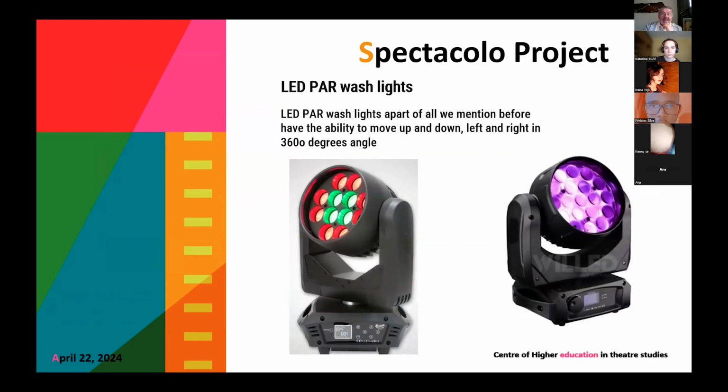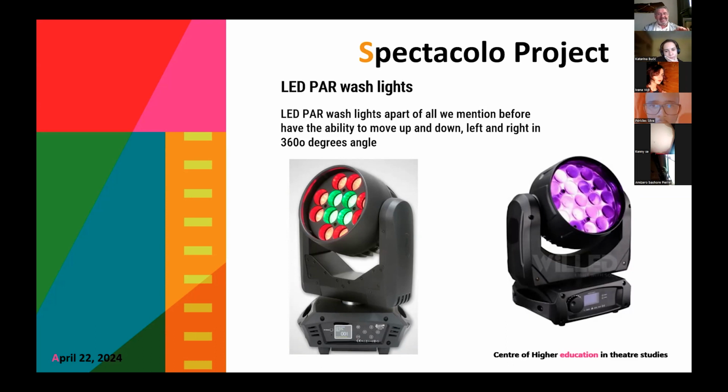This is an LED bar wash light. A part of all we mentioned before, they have the ability to move up or down, left or right, in a 36 degrees angle. They can change the color and make other light effects. They have the advantages of all the LED lights we mentioned before, but they are more complicated to operate.